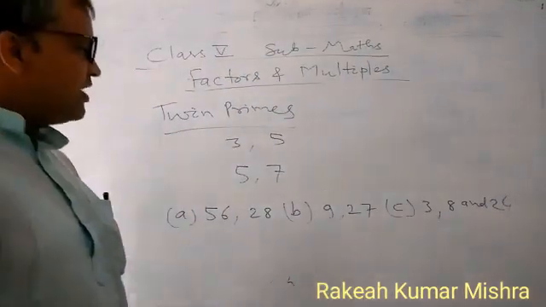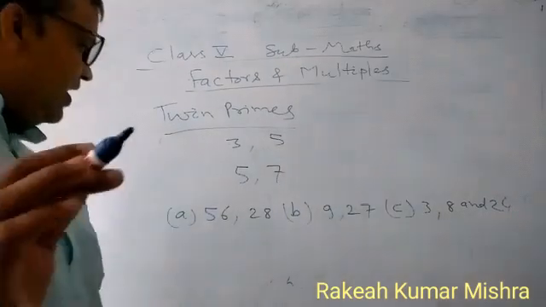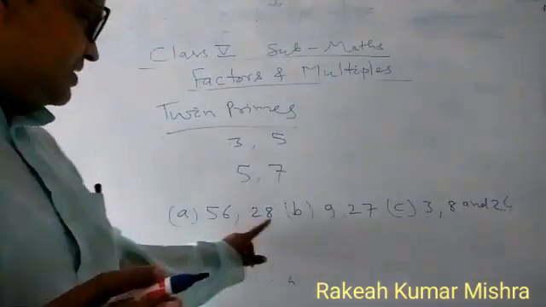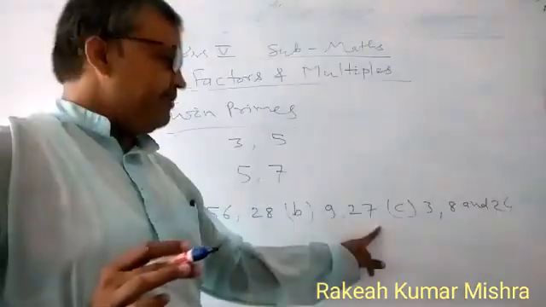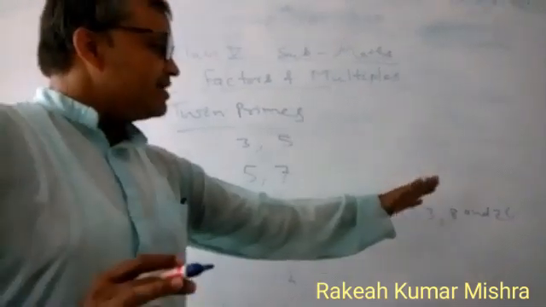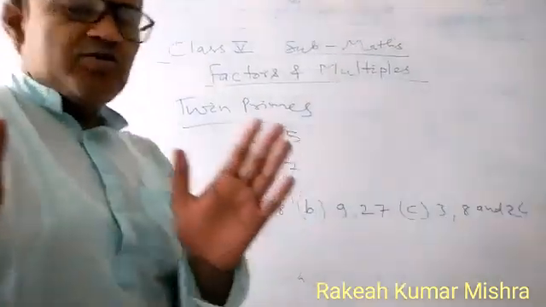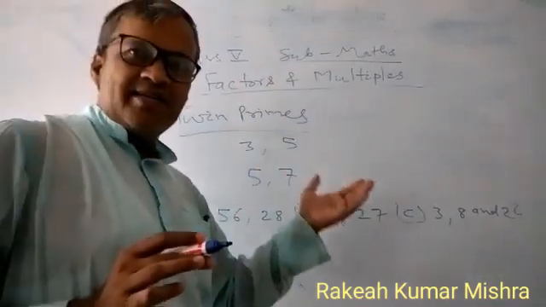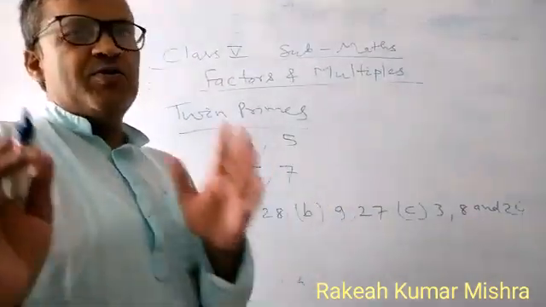Now question number 3, find the LCM of the following: A same, B same, C same. All LCM and HCF you should do by both methods. It means by prime factorization and by division, both.